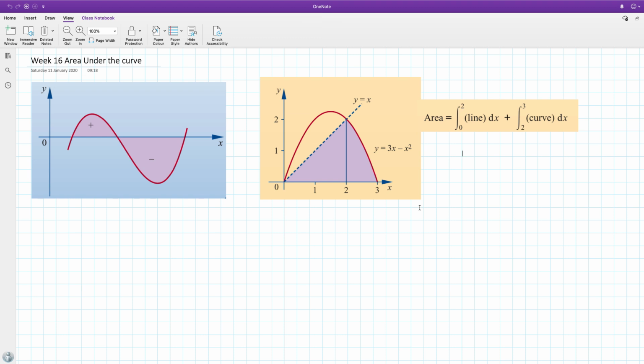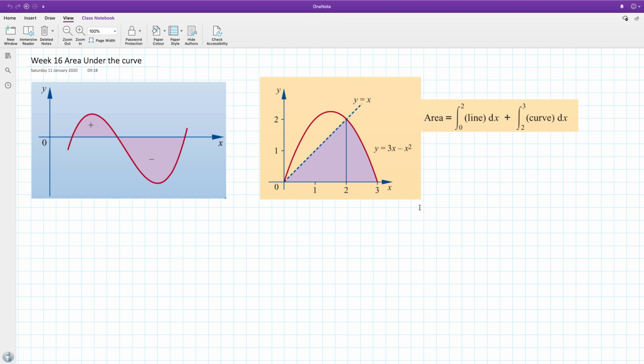Right. Here's an example. It's on picture 1. y is equal to x squared minus 4. So, say the curve, if you factorize it, is going to go between 2 and minus 2.